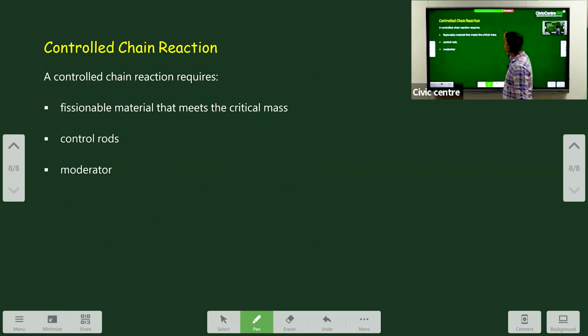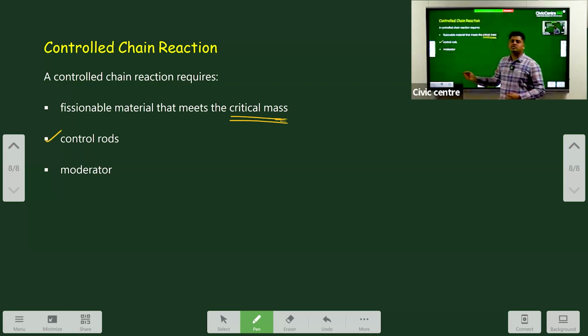Now, what do we require in a controlled chain reaction? There are three main components which are necessary. The first one is fissionable material that meets the critical mass, because we need the reaction to be sustaining. For it to be sustaining, we need at least the critical mass so that it leads to at least one more reaction, right? Then we have the control rods.